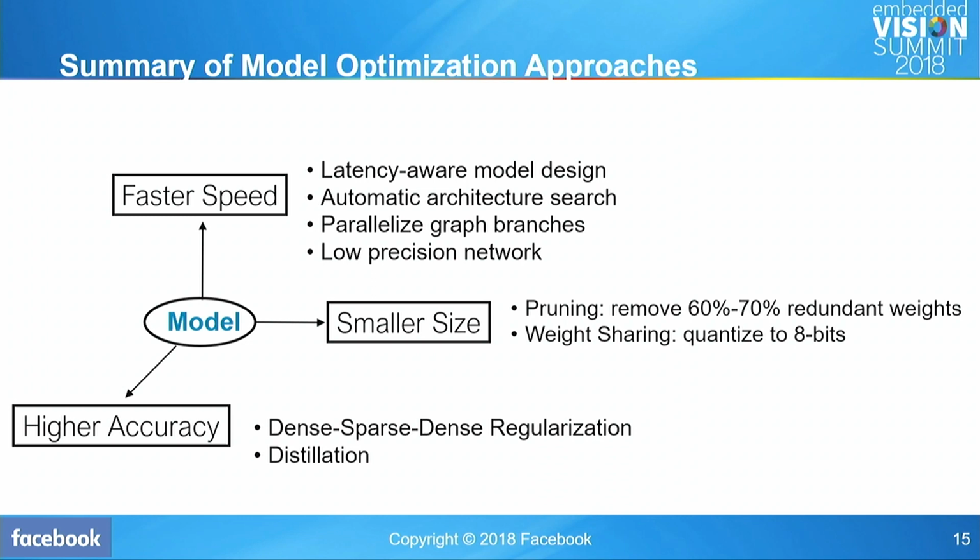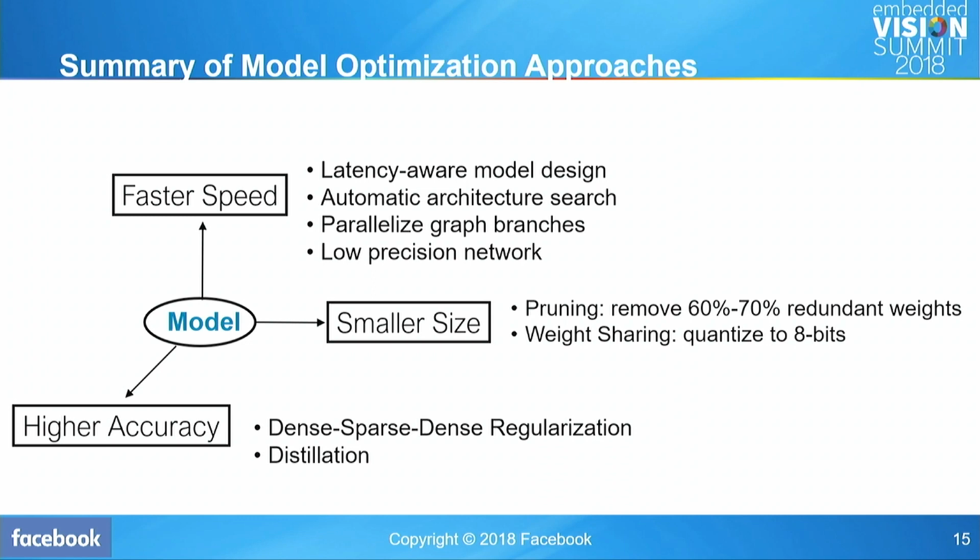In terms of accuracy, we described dense-sparse-dense regularization. There is a very important part I haven't talked about, distillation. When you train a small network with a big network, this can get a couple of percent improvement for small networks.